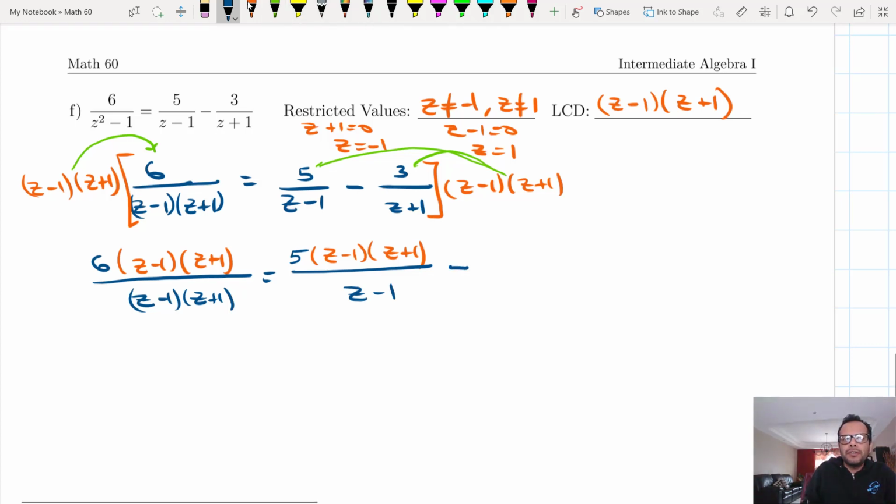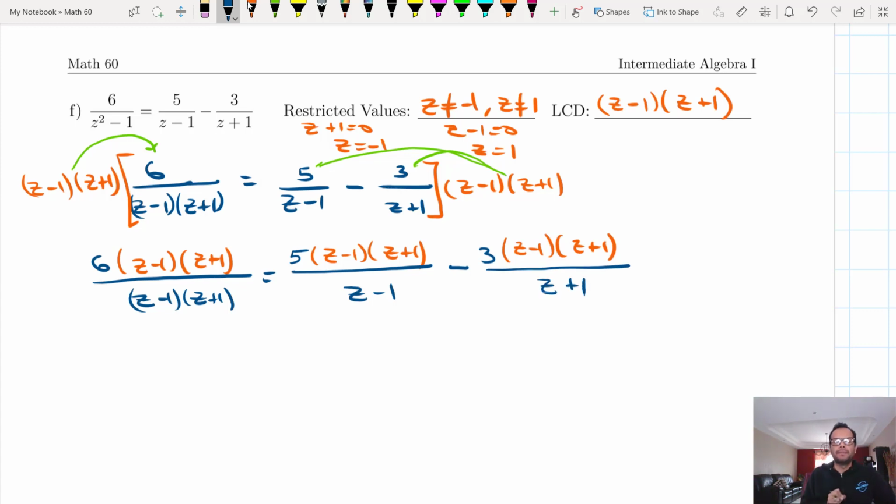Now we do the distribution of the LCD, z minus 1, z plus 1, times the number 3. Okay, so 3 that multiplies z minus 1 times z plus 1, that being divided by z plus 1.